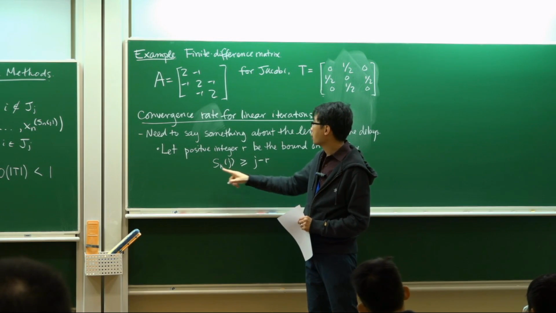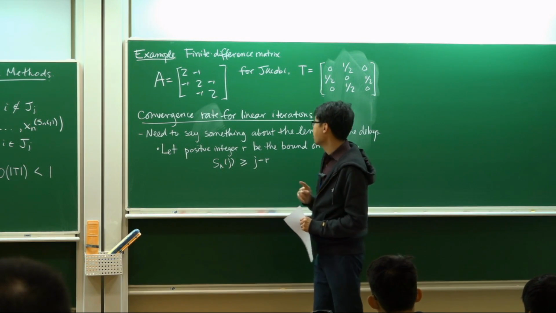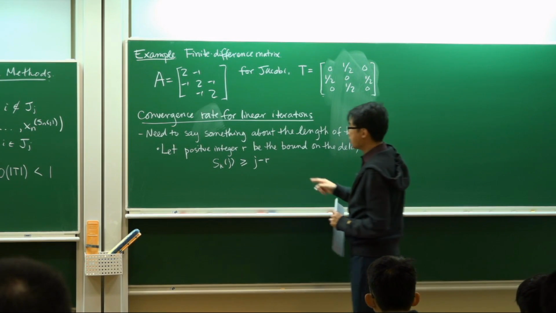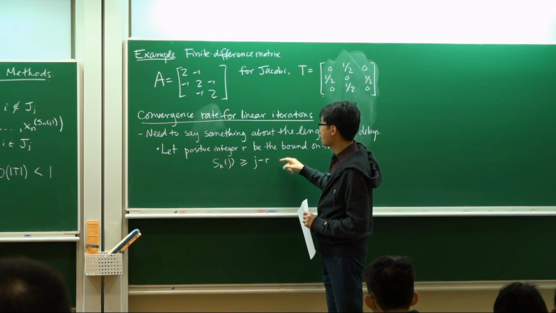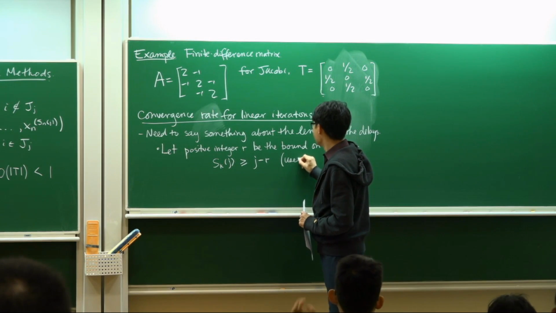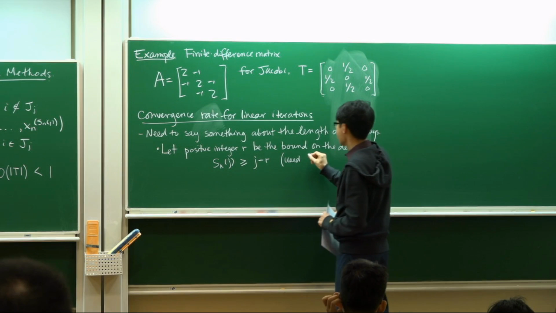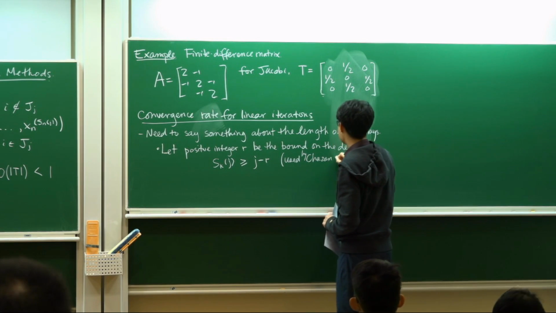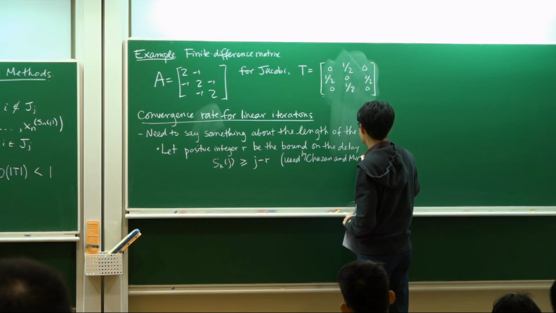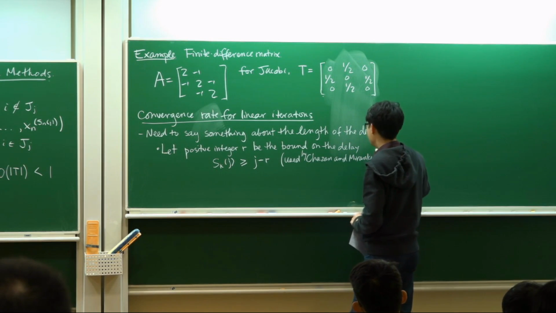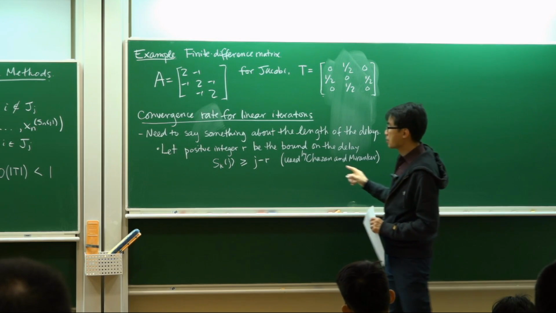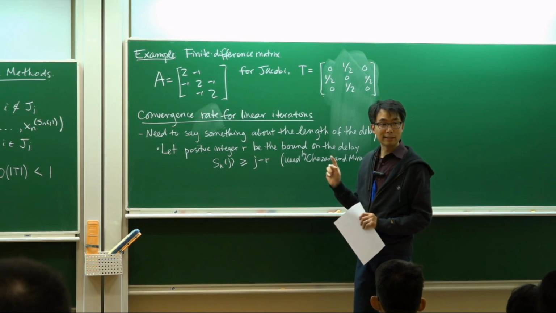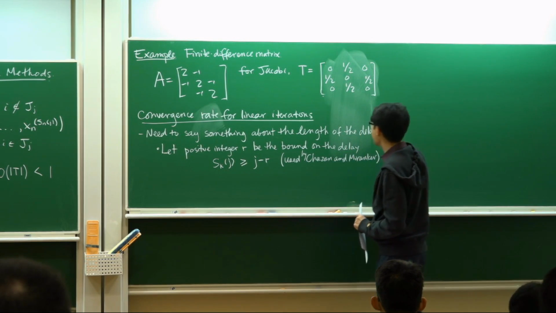In fact, this is the condition used in the 1969 paper by Chazan and Miranker. And the Baudet paper just generalizes this a little bit so that you don't need this bound on the delay, but it's useful to have a bound on the delay in order to say something about the length of the delays.